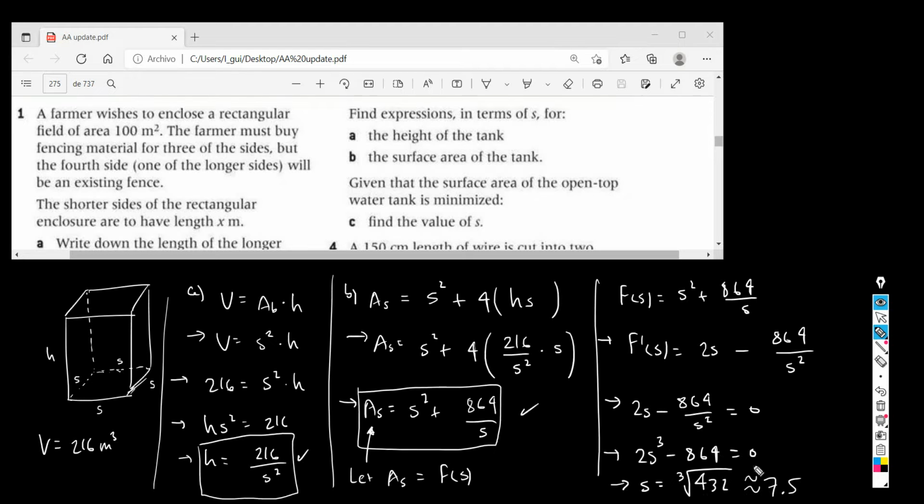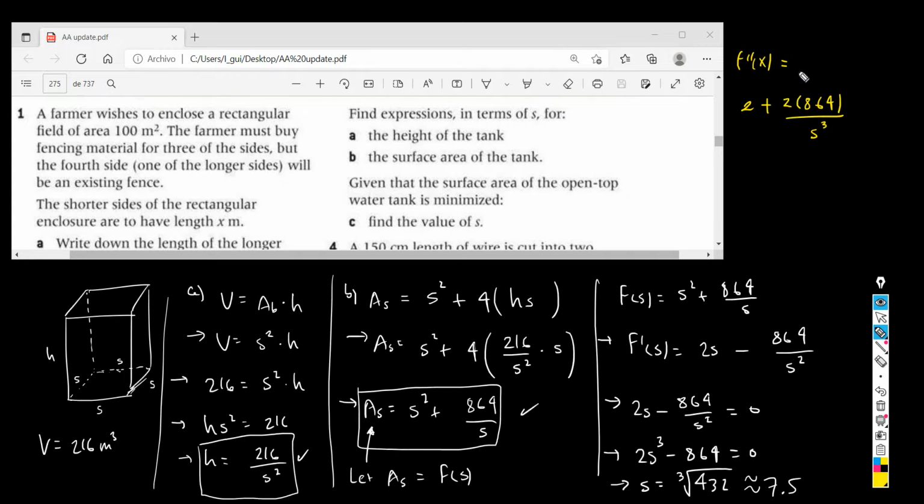All right, and then once again, all you need is the second derivative. I'm going to do that in yellow here. The second derivative of the function is going to be equal to 2 plus 2 times this over S cubed. Make sure that this is the second derivative. Please make absolutely sure of this.